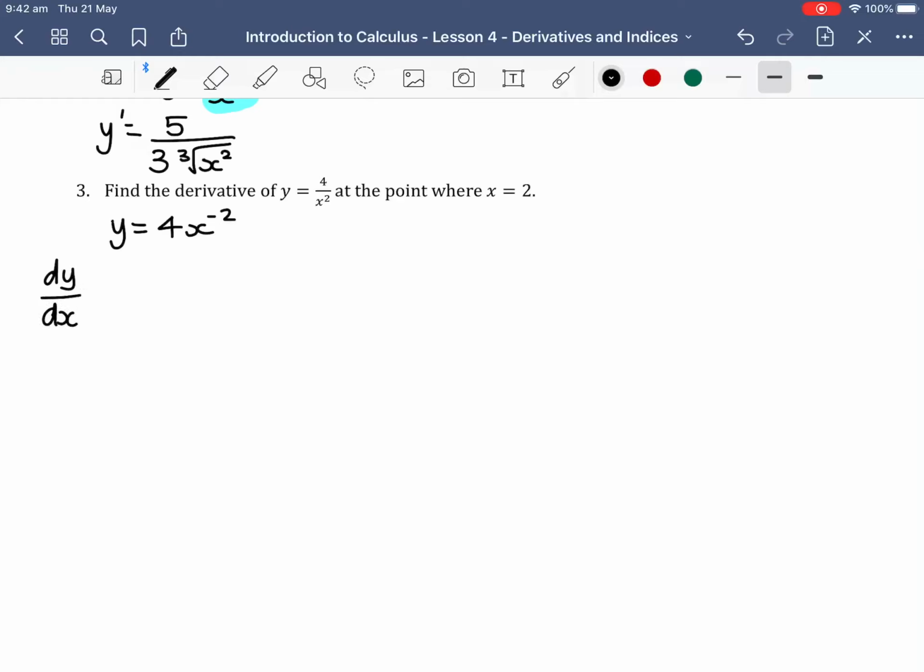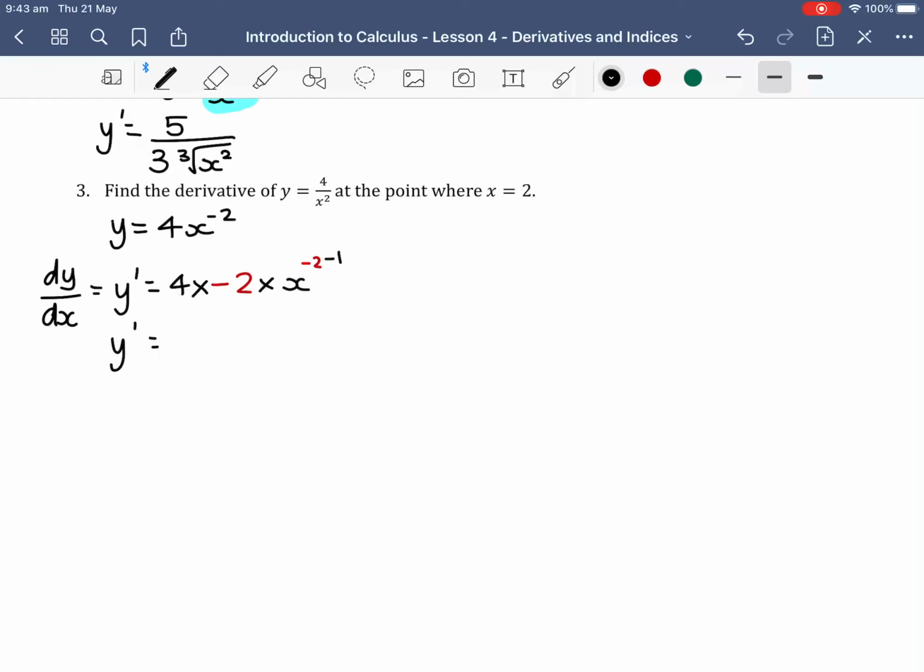Either dy on dx, which is the derivative of y with respect to x, equals y dash, if you want to write it shorthand. When we differentiate that, we have our coefficient of 4 times our power of -2 times x to the power of -2 minus 1.